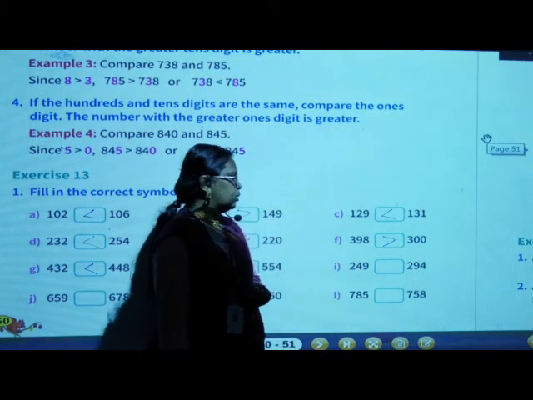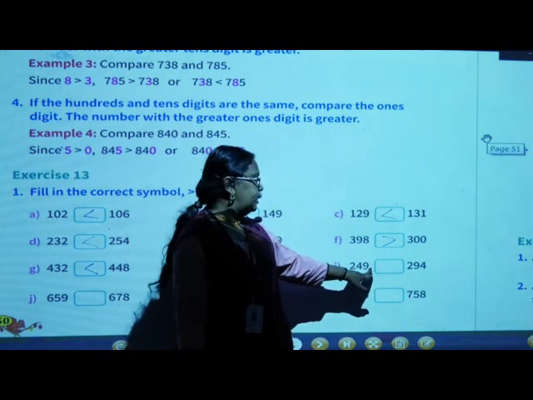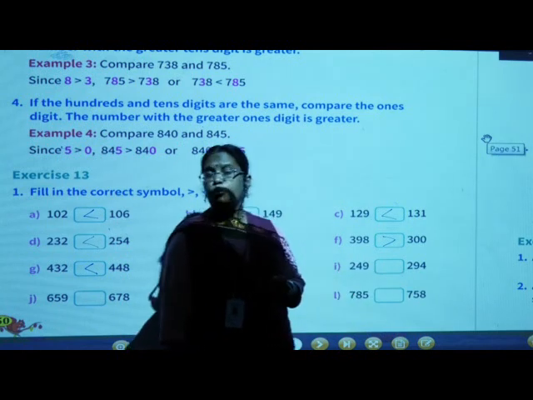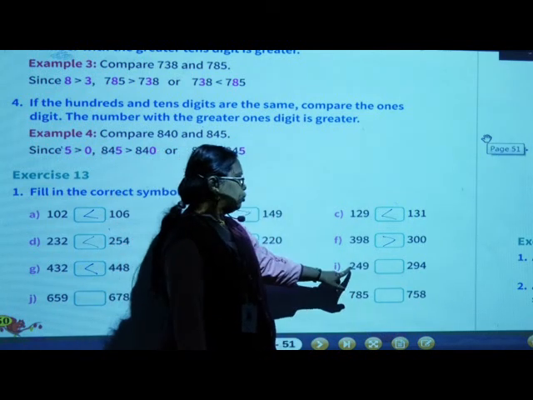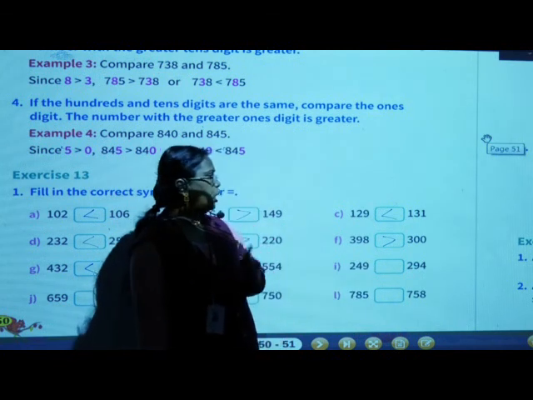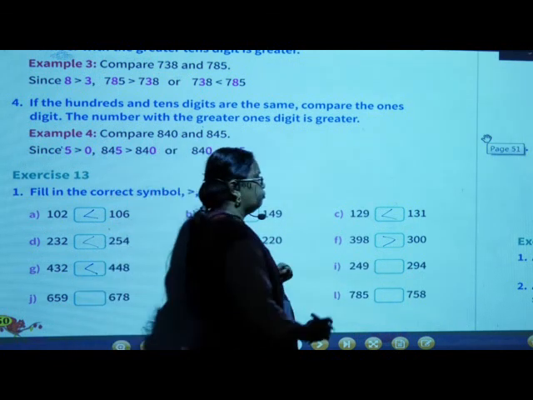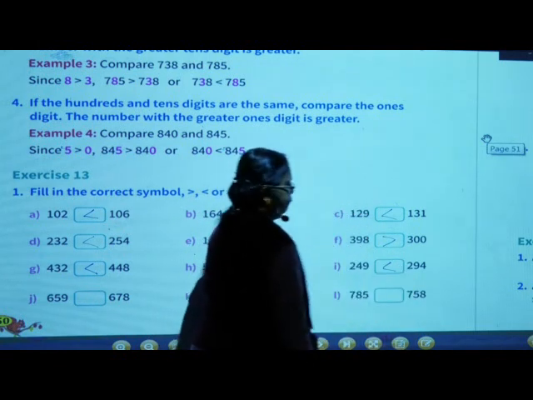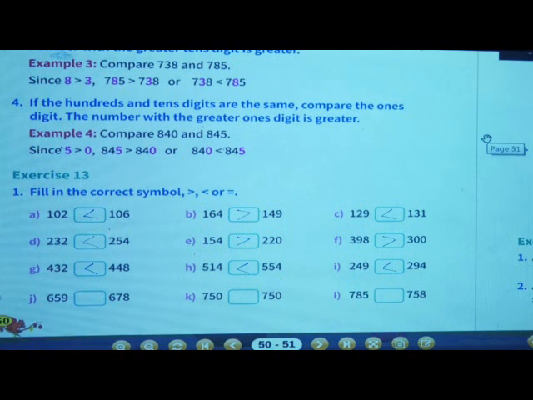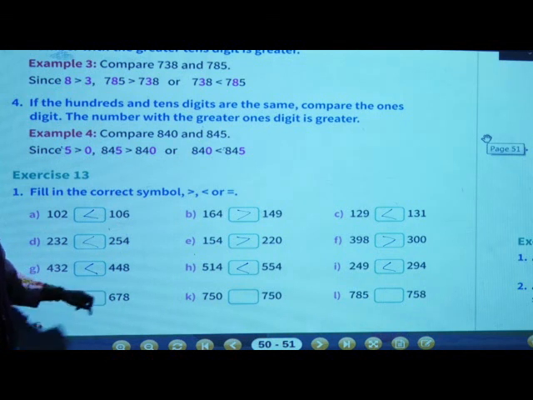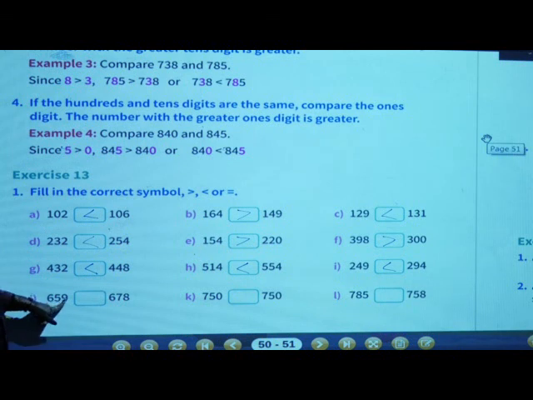The next, is 249 smaller or greater than 294? Correct, 249 is smaller than 294. Then is 659 smaller than 678 or greater? Smaller, correct. 659 is smaller than 678.